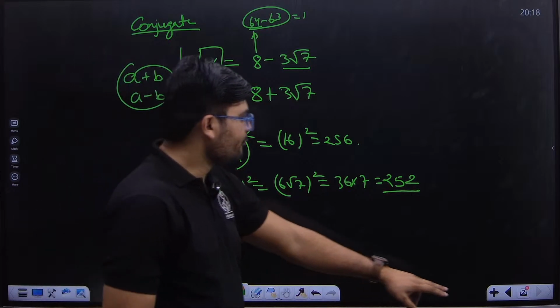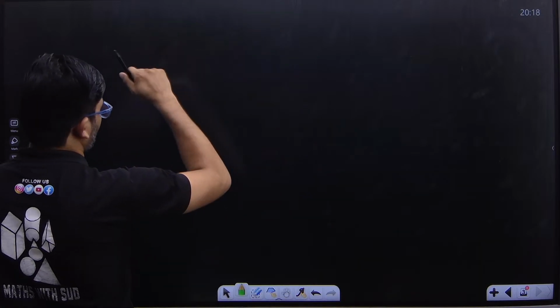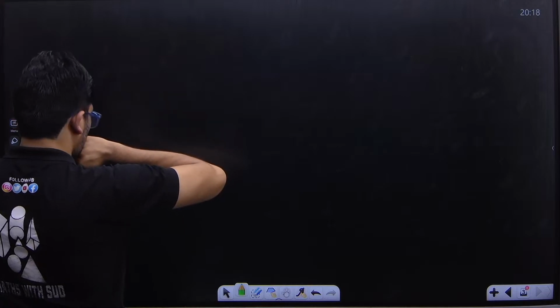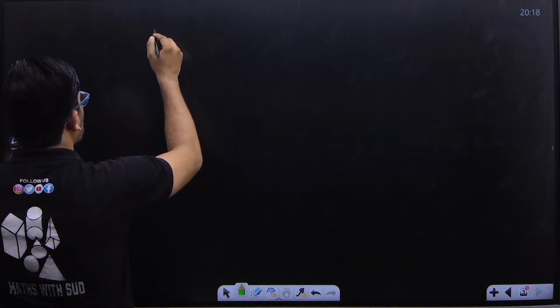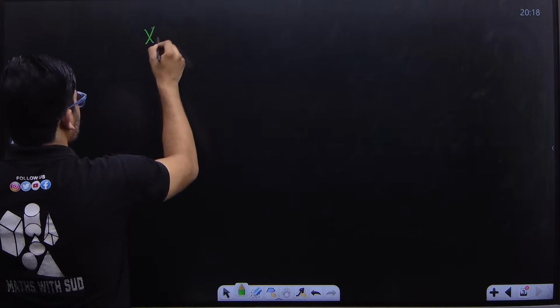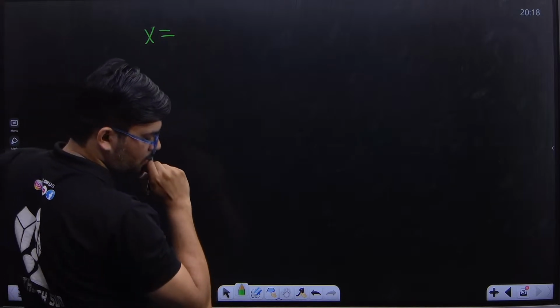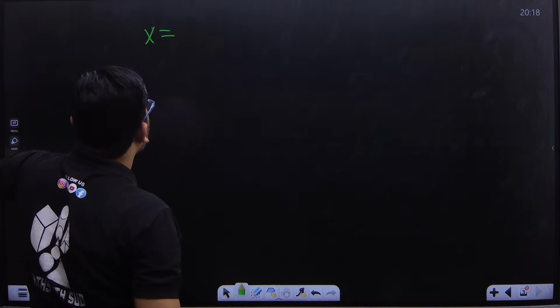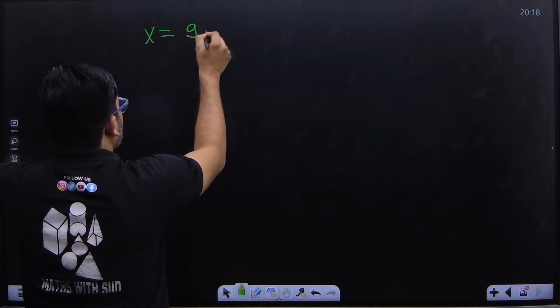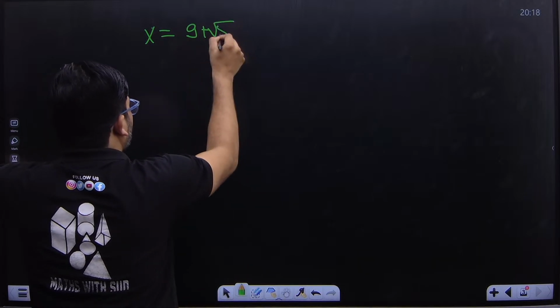So now can I give you one question then? Okay, sir. So x is equal to 9 plus under root 82.